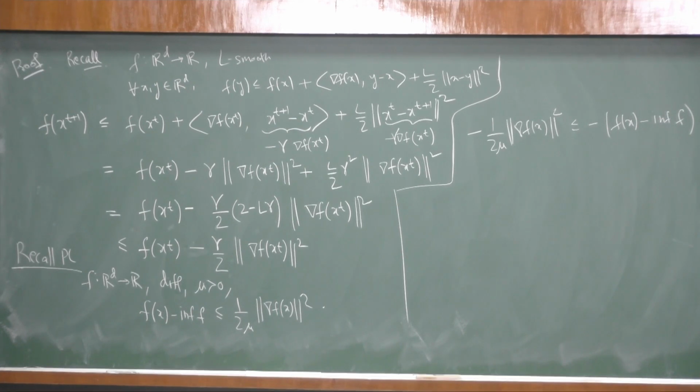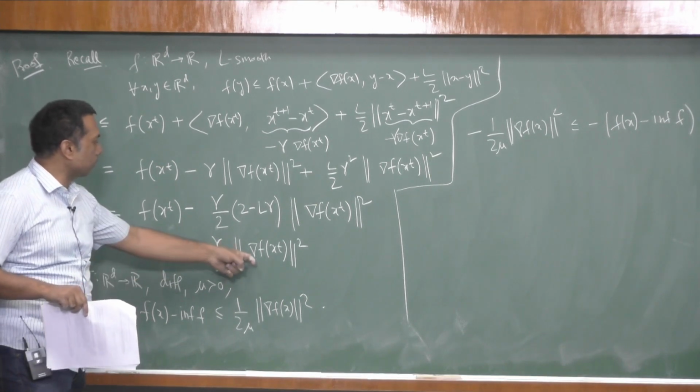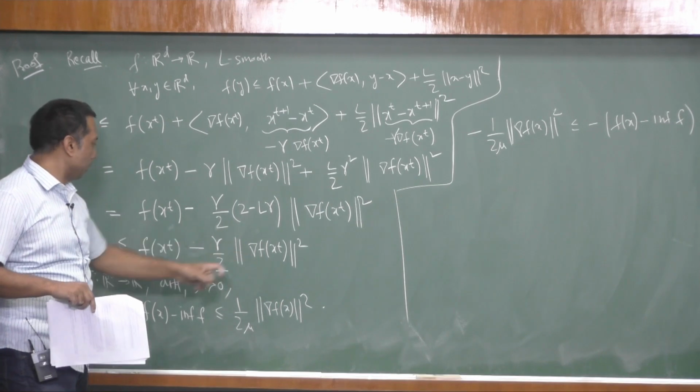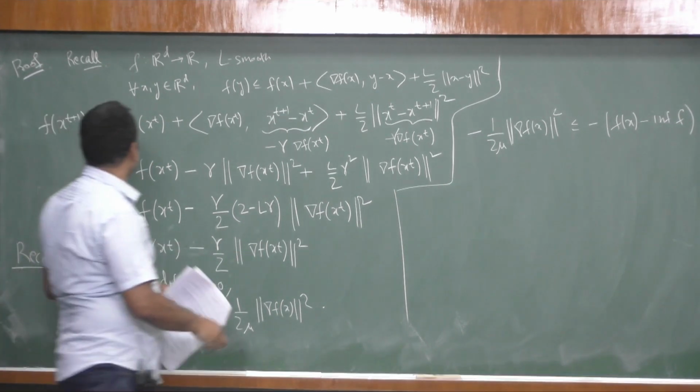And the minus will remain there, because I am going to replace this. There is already a minus here, so minus of grad f xt squared will be less than equal to minus on the right hand side, right? So let us now go back to this.